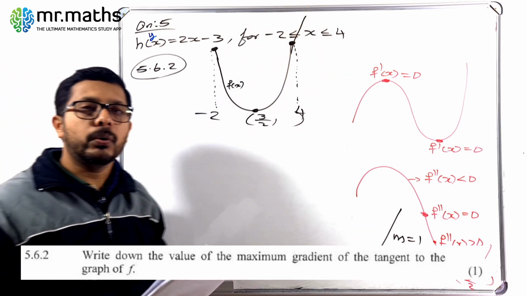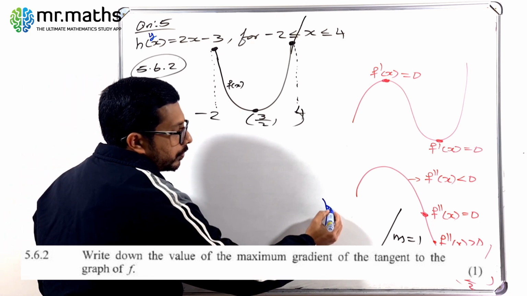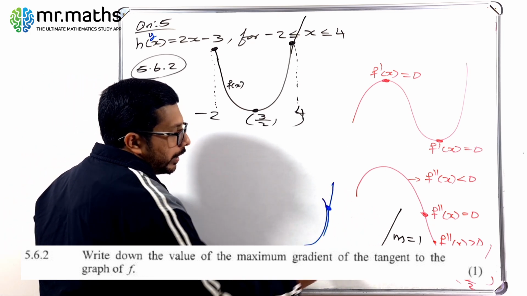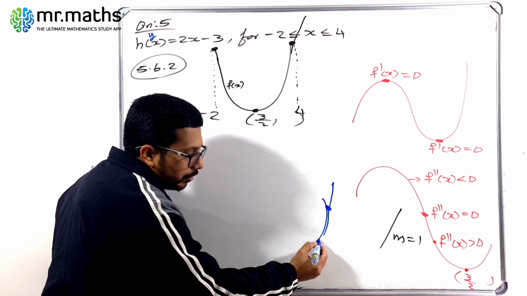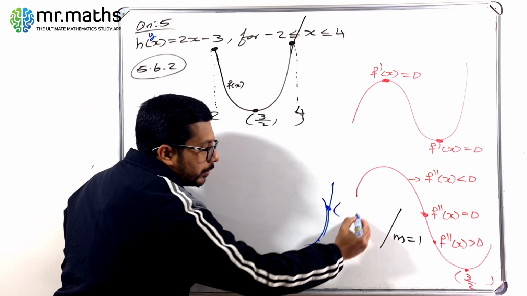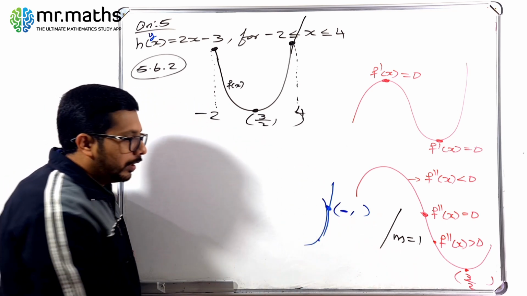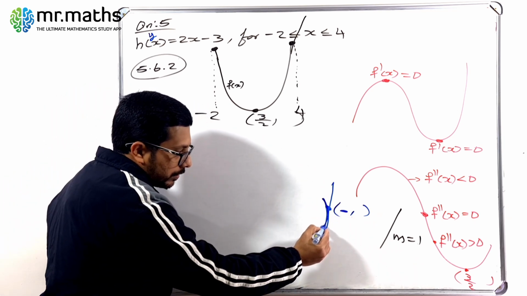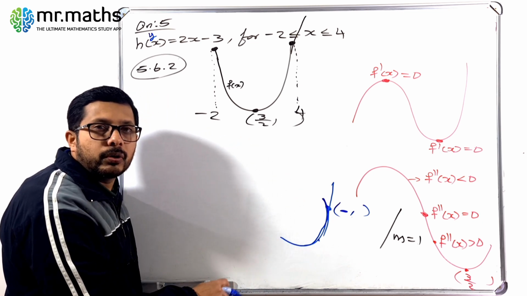Now, in the calculus section, you studied a curve. In a curve, how can I find the gradient of a straight line? First, I have to find the derivative of this curve, then substitute the x value of that point. Am I right? Do you remember that one? There is a curve like this, whatever, it doesn't matter, cubic or quadratic or anything.